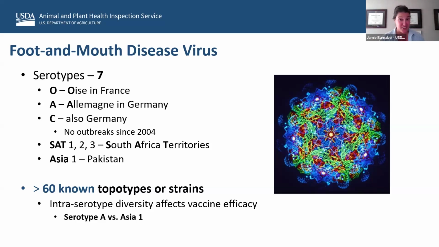I know I'm tired of dealing with high path, but foot and mouth disease as a transboundary animal disease, those serotypes were named based on the geographic location where they were first isolated and characterized. So you can see O is for, I don't speak French, but Oise in France, Allemand in Germany. C is also Germany, but something interesting about serotype C is that we have not seen any outbreaks since 2004.